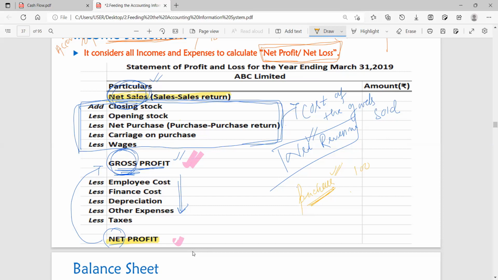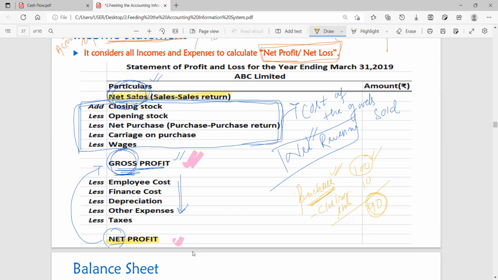At the end of the month, when we look at our store, we still find some stock lying there. That is the closing stock, let's say 10. So we purchased 100 rupees of stock during the month, and at the end of the month we have 10, so 90 we have actually sold.